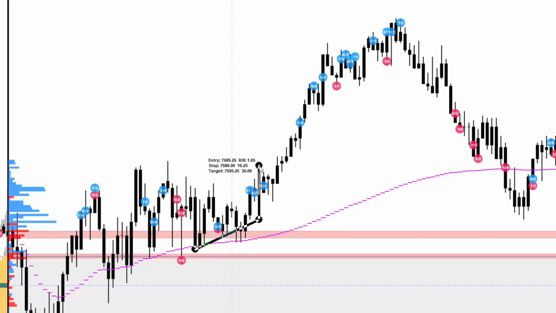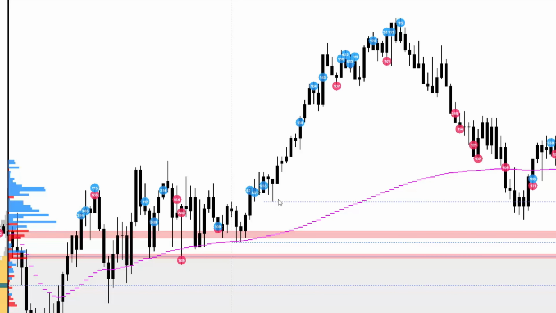You can just trail your stop loss. That means every time the market breaks a high and makes a new low, you can trail your stop. In this case, you entered here, your previous high is here. When you break it, you put your stop loss here, right? Now, you create another low here.